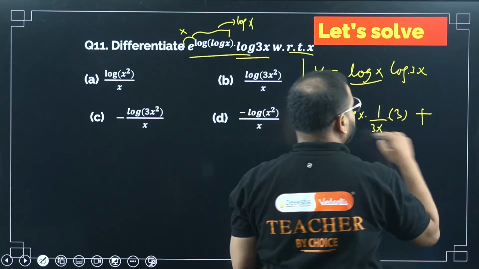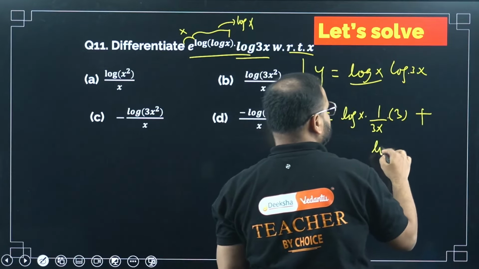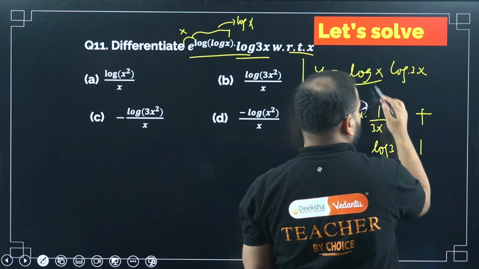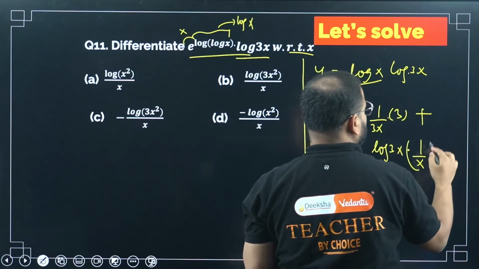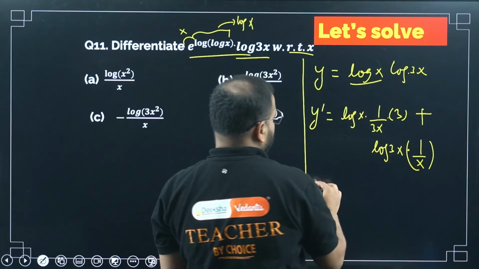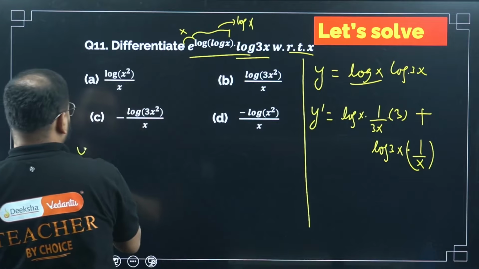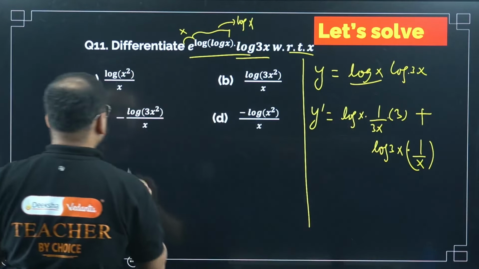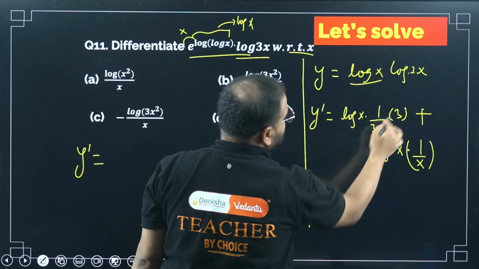Then take the plus sign. Keep log 3x as it is. Then the differentiation of log x will be 1 upon x times nothing, because the differentiation of x is 1. So this simplifies as y dash equals log x times 3 upon 3x. I can cancel this 3 and 3, right?